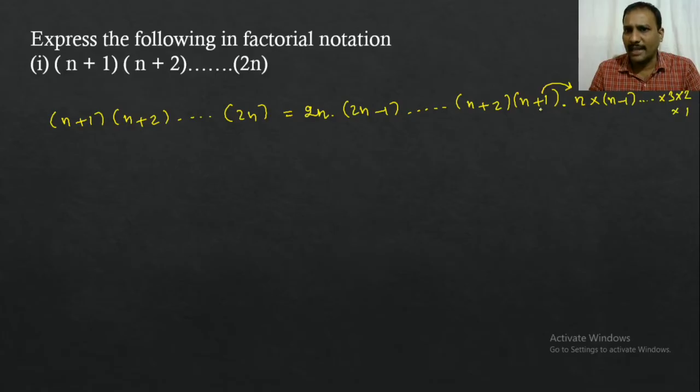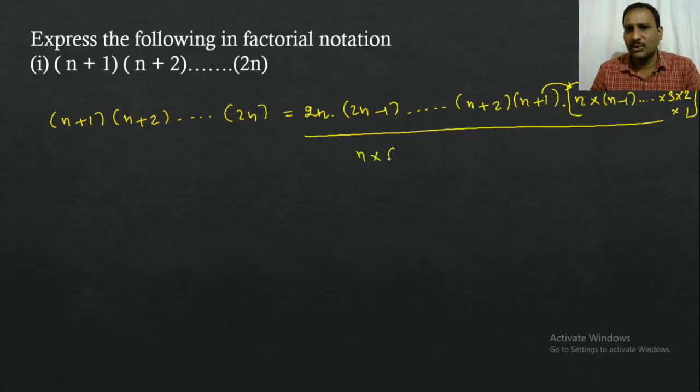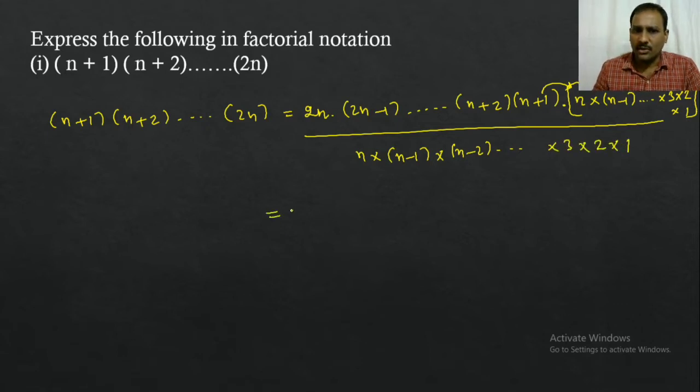So multiply and divide by n factorial. That gives n into n minus 1 into n minus 2 and so on up to 3 into 2 into 1, so this is the product of the first 2n natural numbers. That is 2n into 2n minus 1 into 2n minus 2, so on up to 3 into 2 into 1.